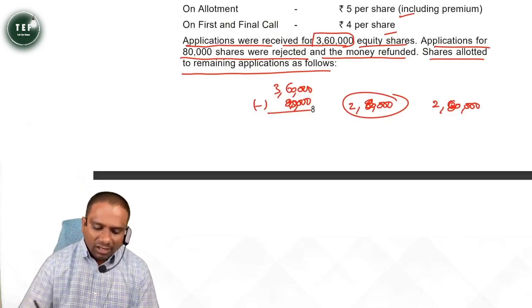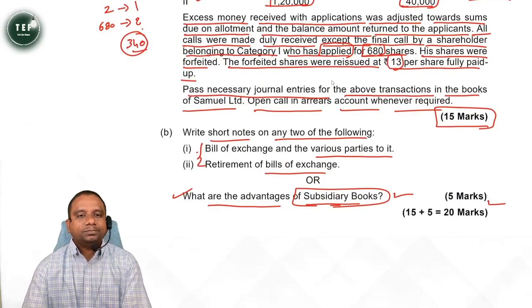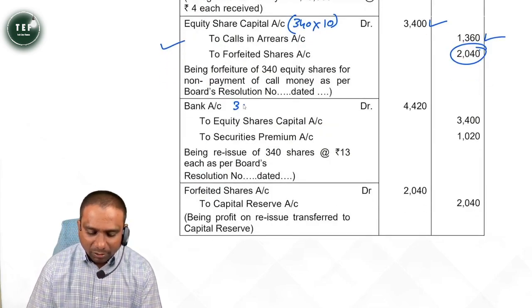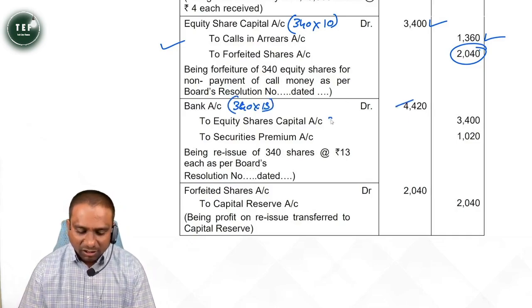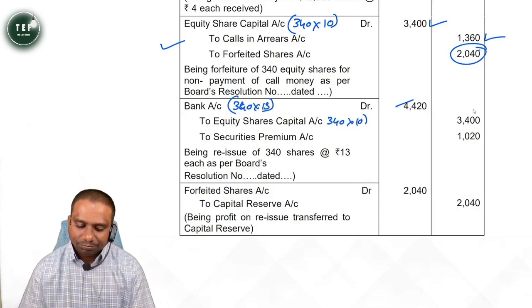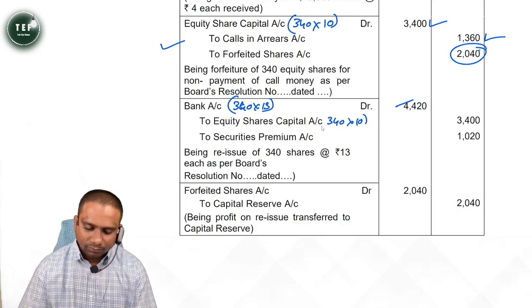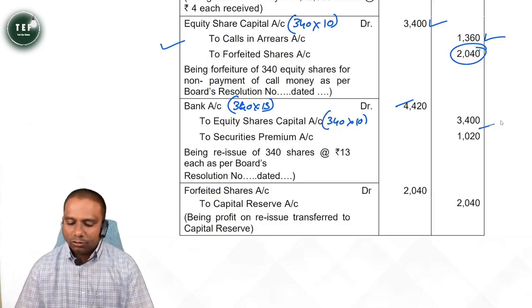Now these shares we have issued at what price? Look at these shares we have issued at 13 rupees. Issued at premium entry. 340 shares into 13 rupees, bank account debit, 4,420, to equity share capital 340 into 10, 3,400.